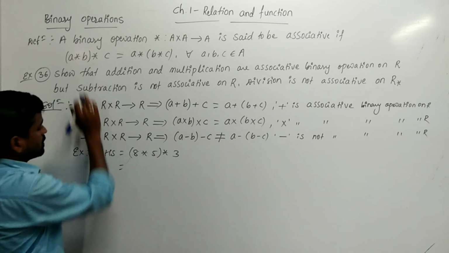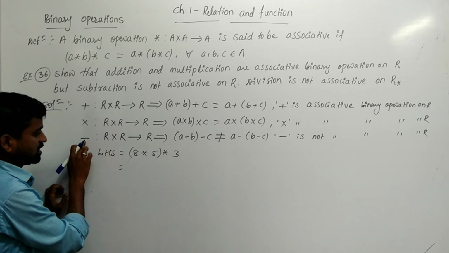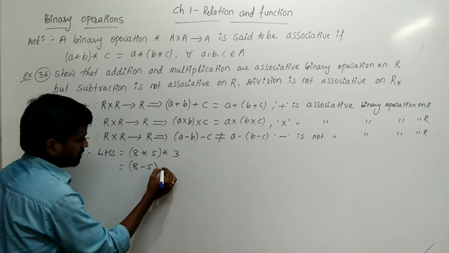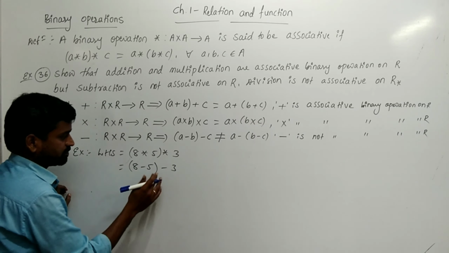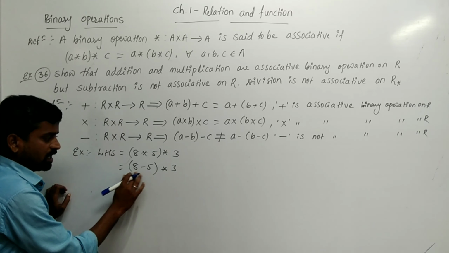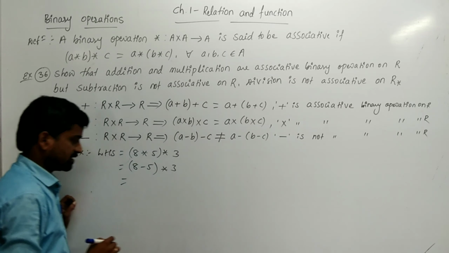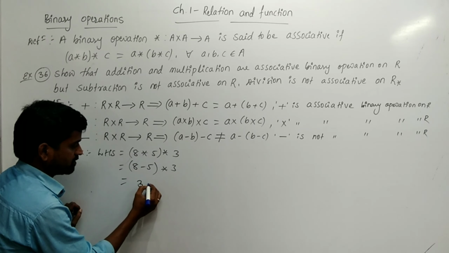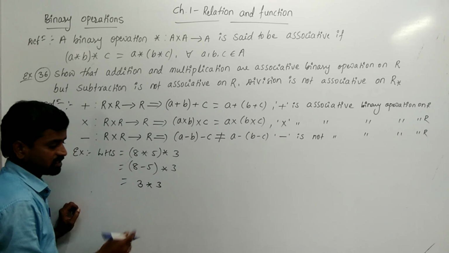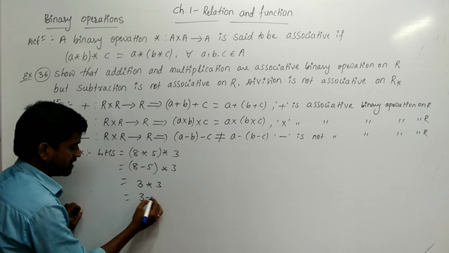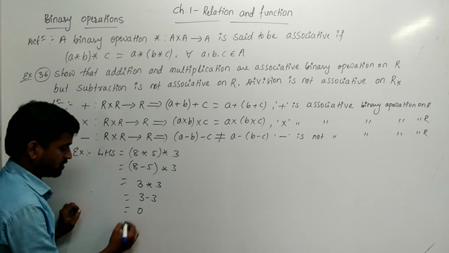The operation star is subtraction. 8 minus 5 minus 3. 8 minus 5 is 3, then 3 star 3, the star is on subtraction. 3 minus 3 is 0. LHS.